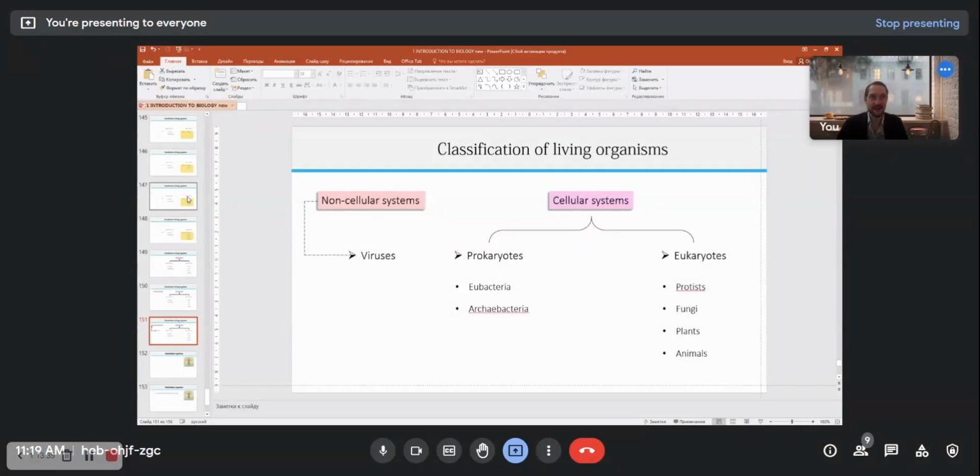Outside of the cell, they are not able to perform activities that are considered to be basic properties of life. But once they integrate inside of the cell, they start to behave as living beings. So all living beings in our nature can be categorized into non-cellular and cellular. Cellular are further categorized into prokaryotes and eukaryotes, and then each of these groups can be categorized further.